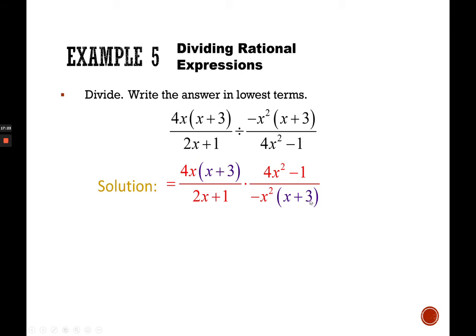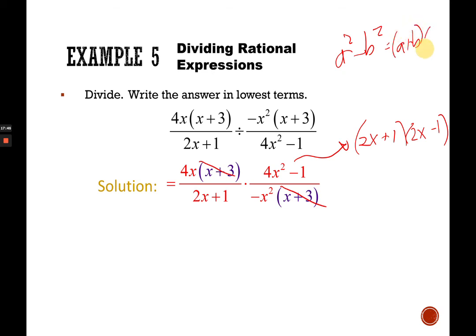Amazingly, we can cancel the x plus 3's. And then we will factor this one. This expression is supposed to have factors of 2x plus 1 and 2x minus 1, because it's the case of a squared minus b squared, a plus b, a minus b.